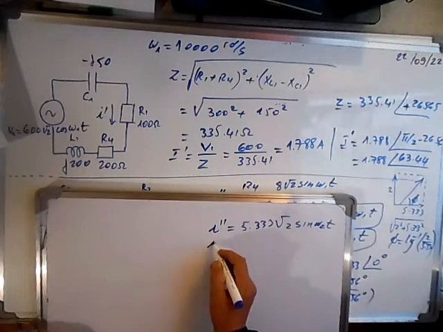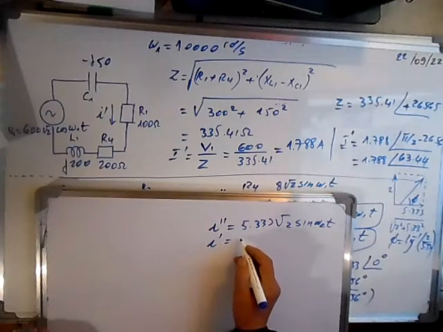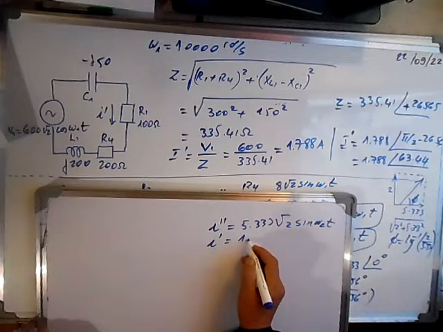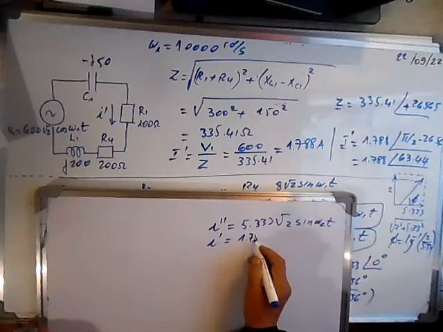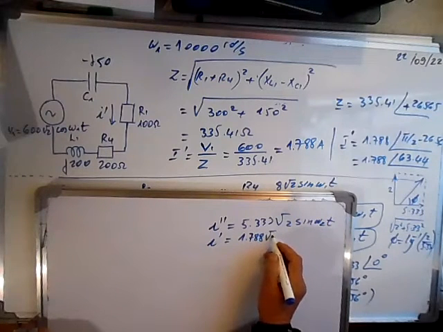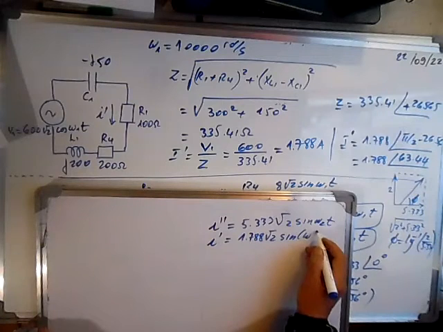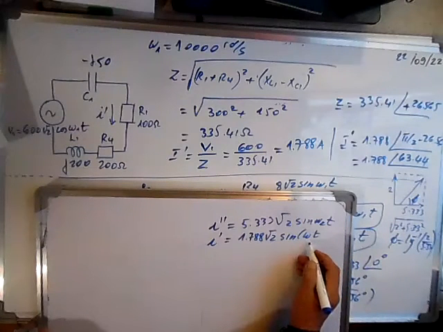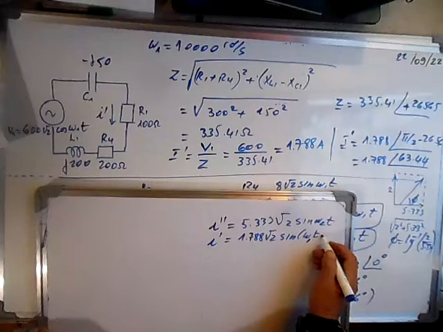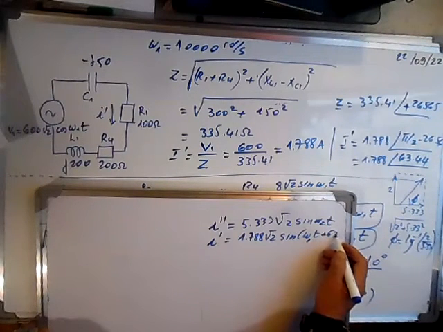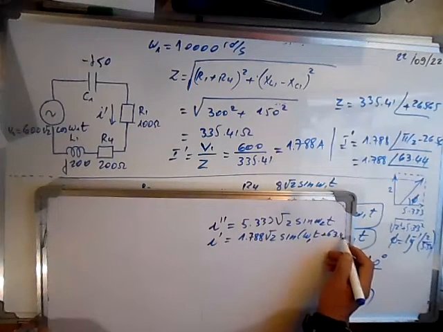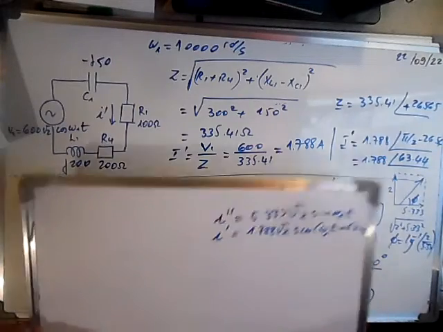And I prime is equal to 1.788 square root of 2 sine omega 1 t plus 63.44 degrees.